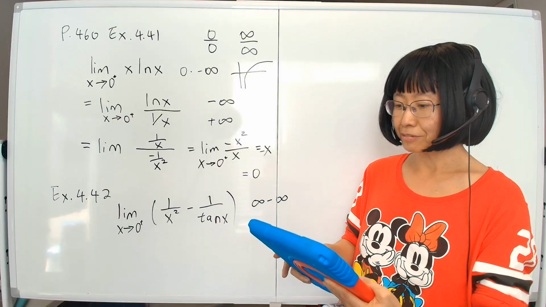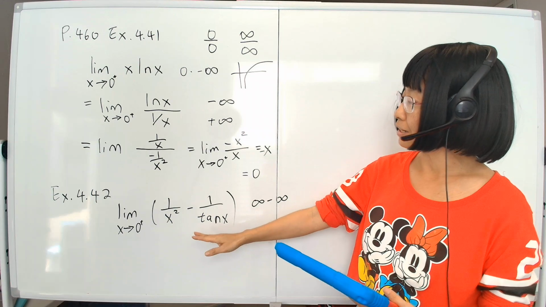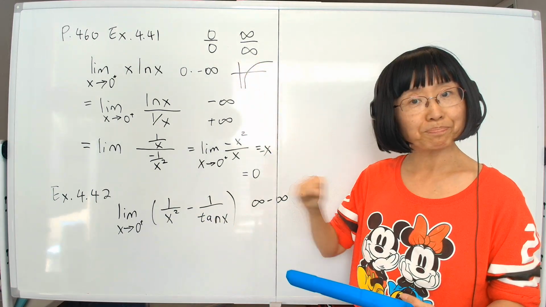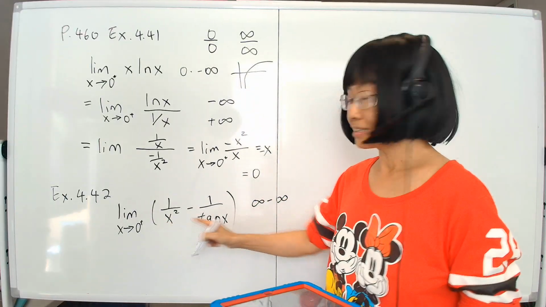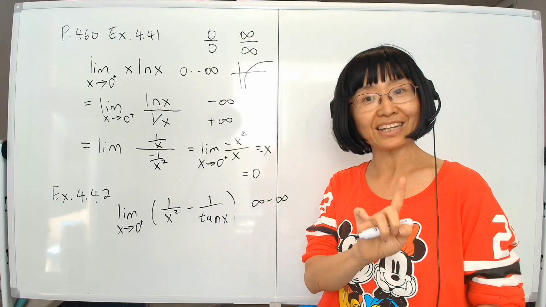To do that, we will apply L'Hopital's rule. But the problem is L'Hopital's rule requires us to have a fraction of some sort. We don't have a fraction, so we'll beat it into a fraction. In this case, these are two fractions, so we'll take the common denominator, then it becomes one nice fraction.